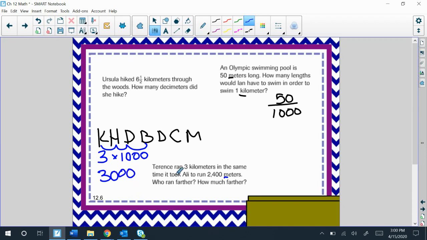Well, I know that 3,000 is bigger than 2,000, so that means Terrence ran farther. Now we need to answer the second question. There's 2 question marks there. I'm going to subtract them because I want to know how much farther. That farther means subtract. 3,000 subtract 2,400, and that should give you your answer.